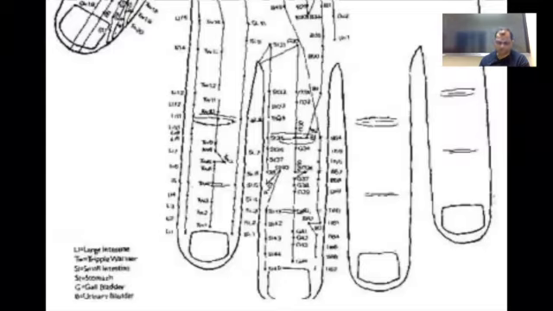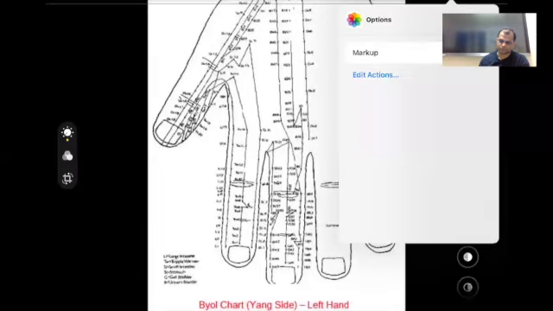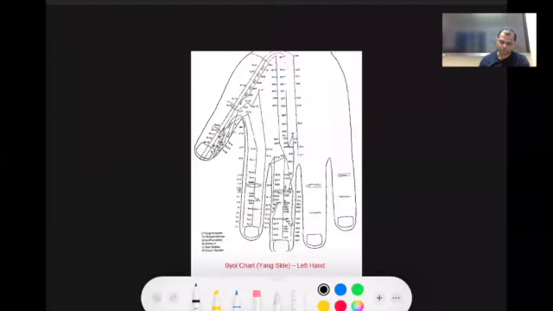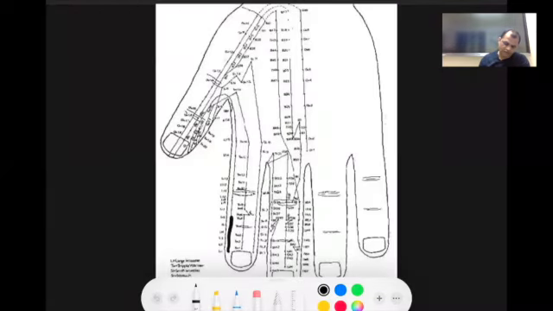Okay, 1 minute. Look at this image. This is the LI meridian, and the first point is LI1.